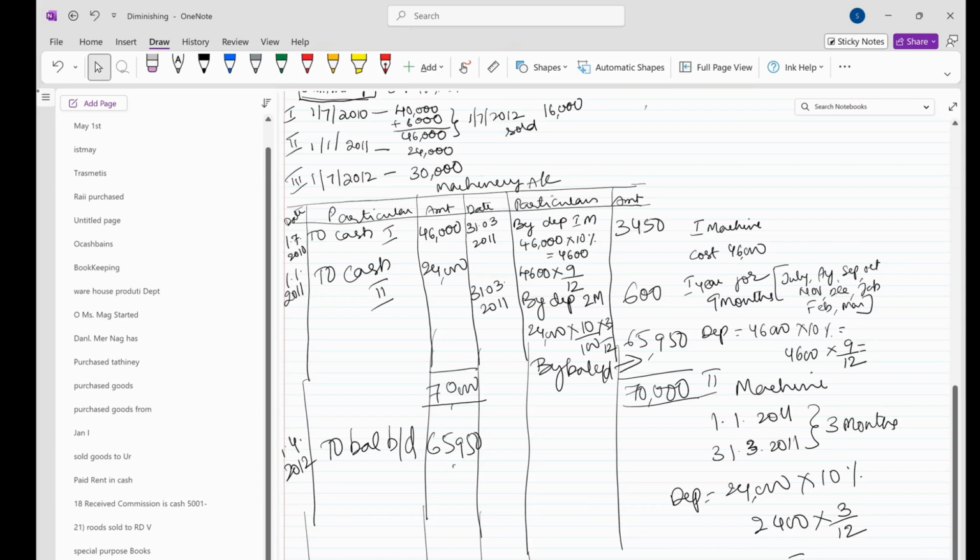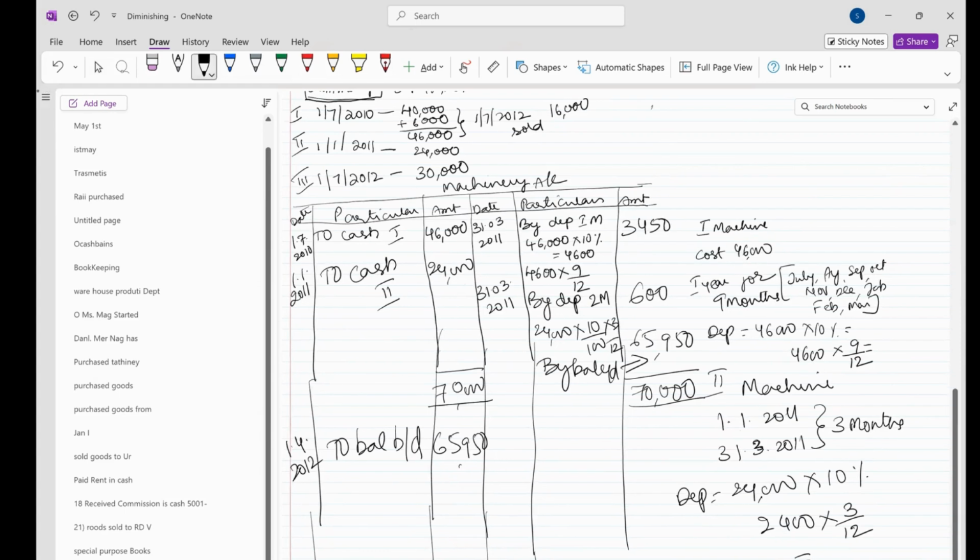Till here have you understood? Yes, ma'am. Now, this is the first machine. First machine depreciation is 4,600, but we used it only for 9 months, so 9 months depreciation is 3,450. Now, second machinery, 24,000, which we brought in January.